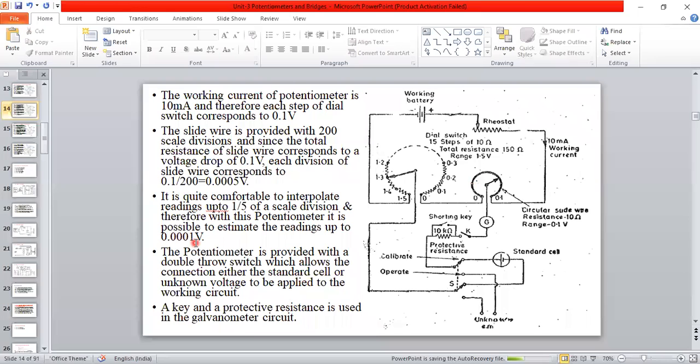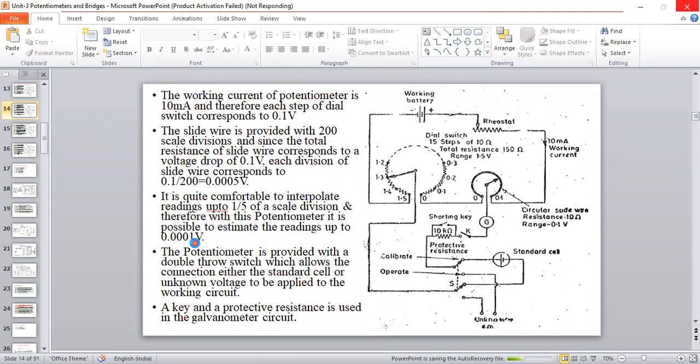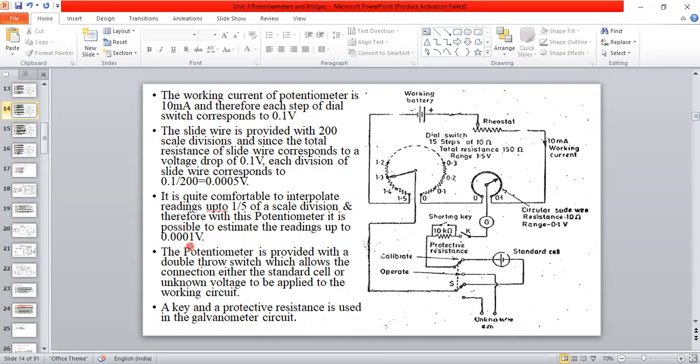See how accurate it will give here now. Because 0.0001 voltage also we are not leaving out.